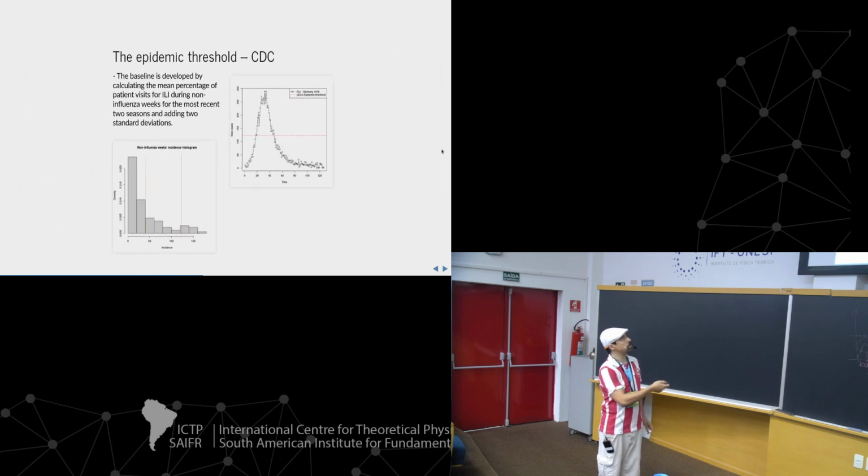And with that distribution in mind, then I look at the mean of this distribution and 2 standard deviations from the mean. And this will be then my actual activity threshold, my epidemic threshold.